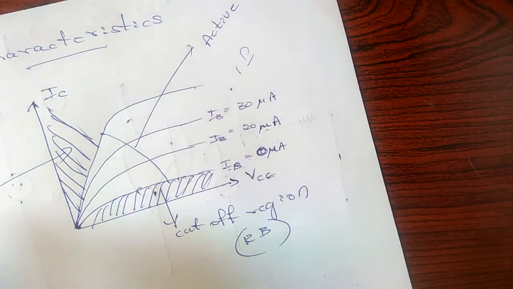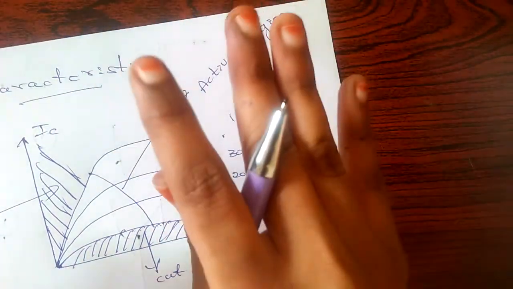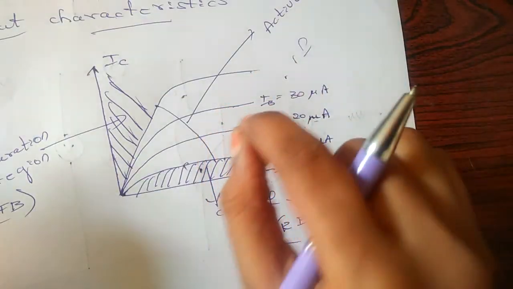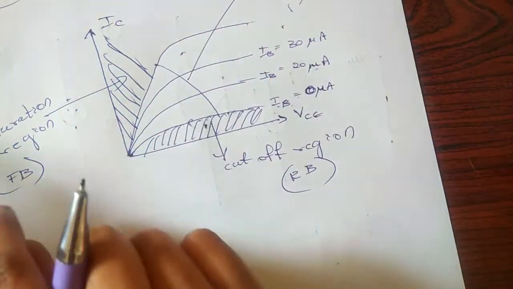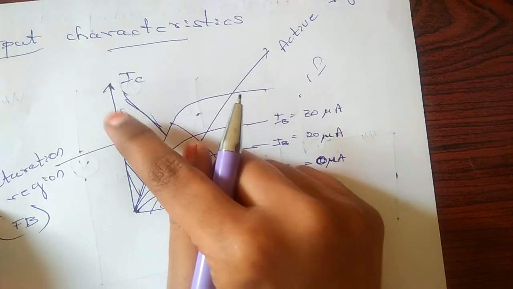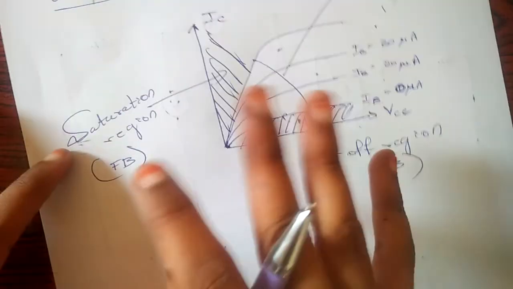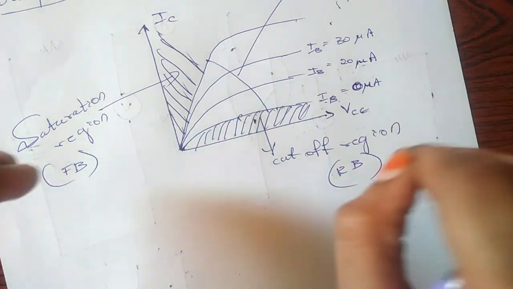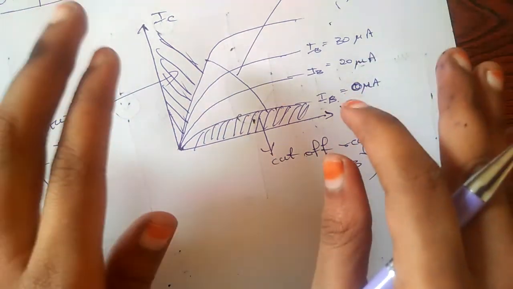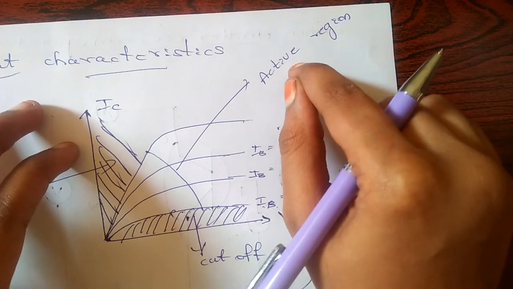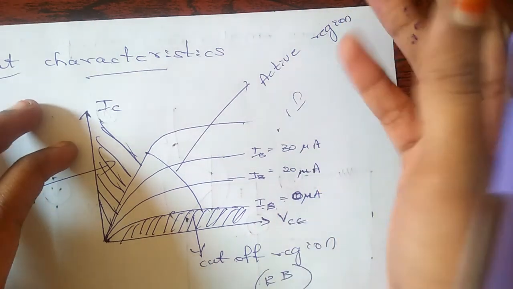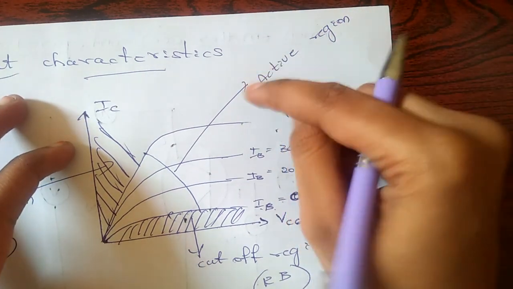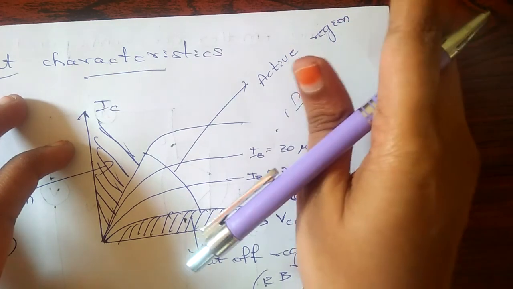We are operating in the active region only, but we can also observe the saturation and cutoff regions below. Again, the active region is the emitter junction forward biased and the collector junction reverse biased.